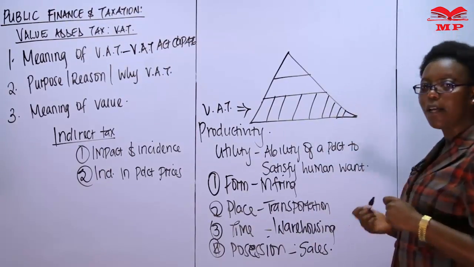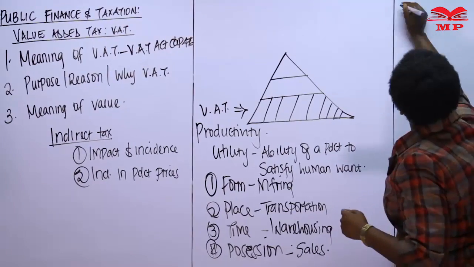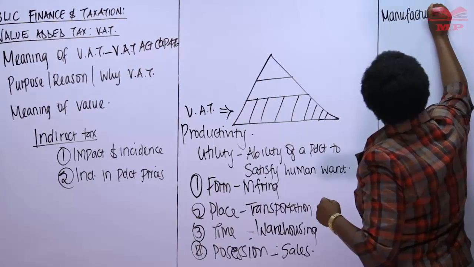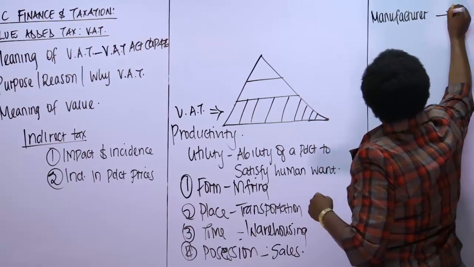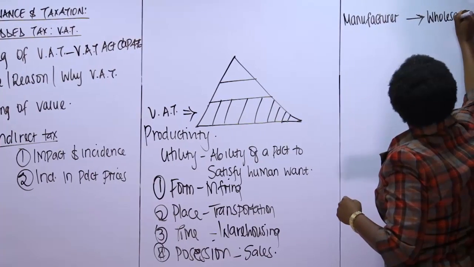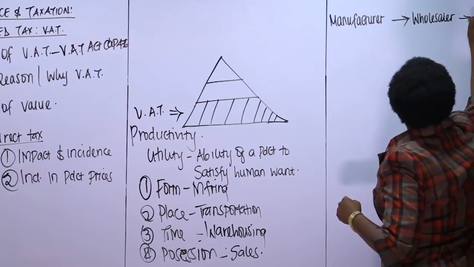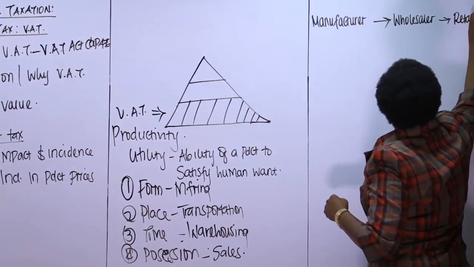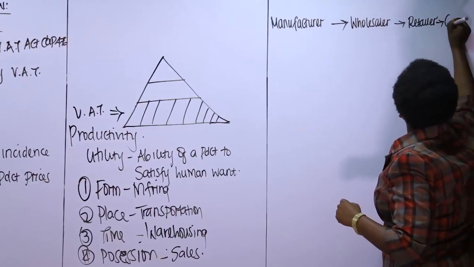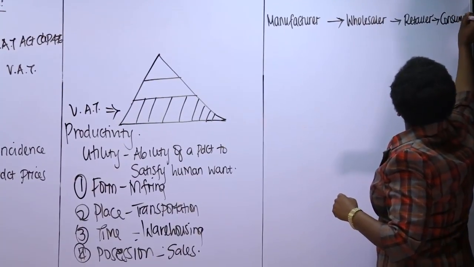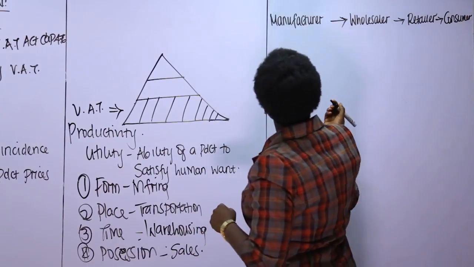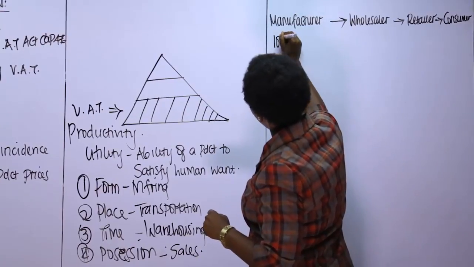Now, let's get an illustration on that. We're going to assume that we have a manufacturer who sells to a wholesaler, who sells to a retailer, who will sell to a consumer. So the manufacturer, for example, has a cost of production of 100,000.